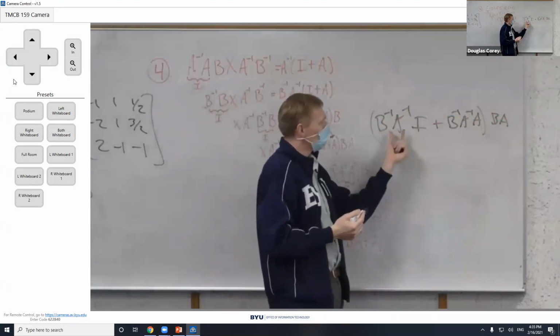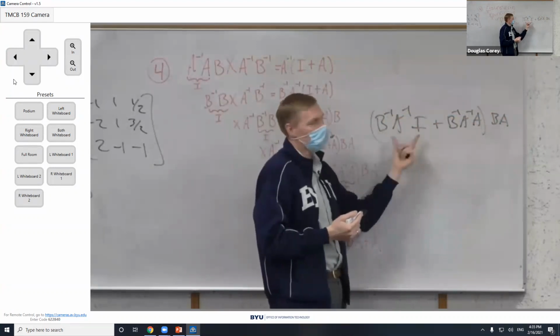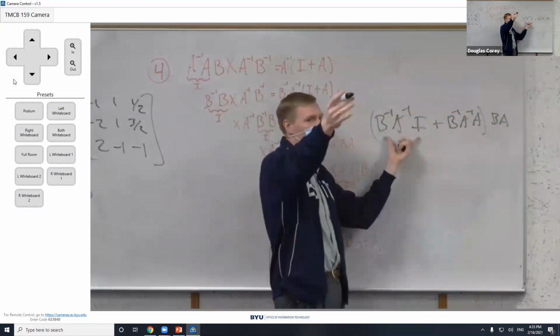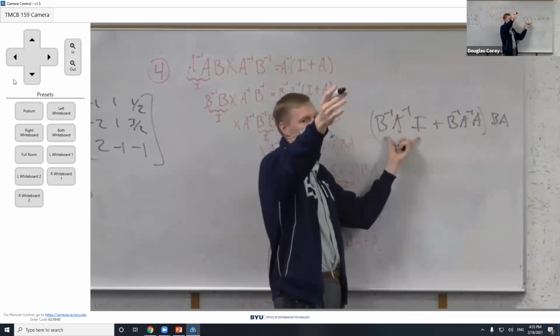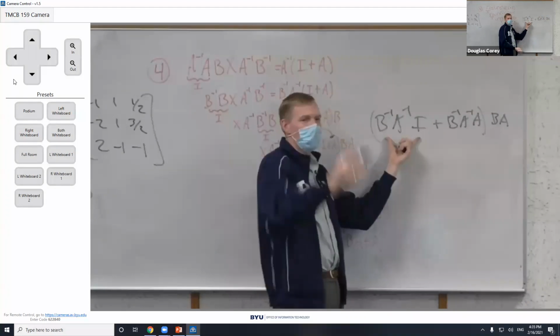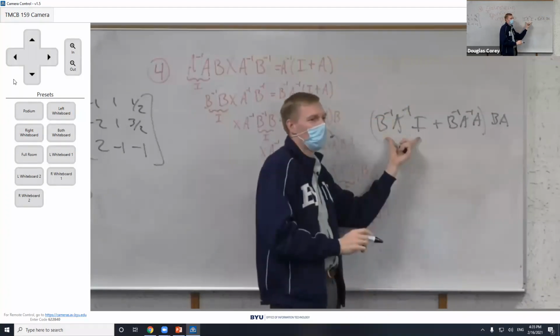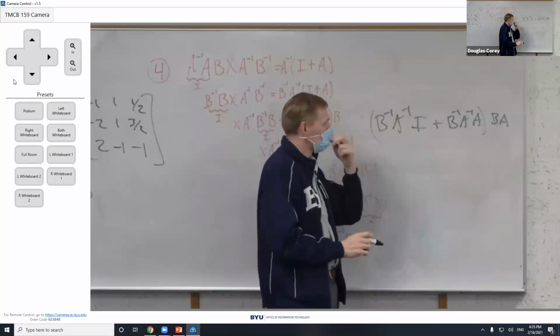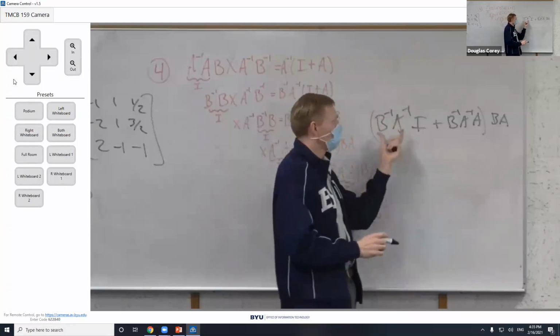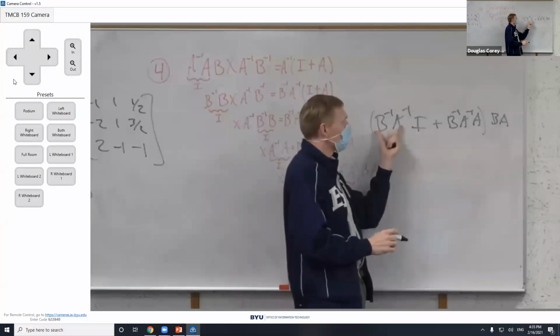Now at this point, B inverse A inverse times I, there's a simpler way we can write this. What do you think, Caroline? Okay. How about someone else? Help us out here. That's right. This is basically multiplying a matrix by 1.